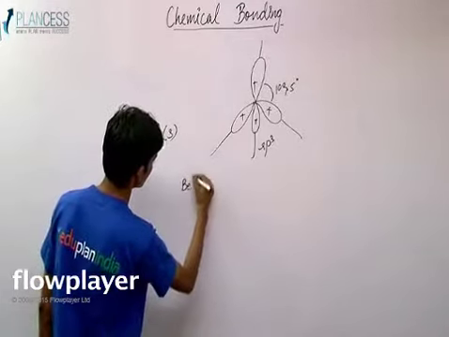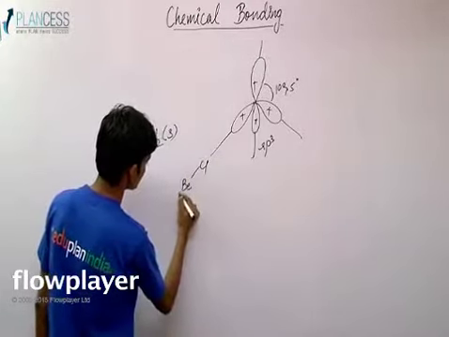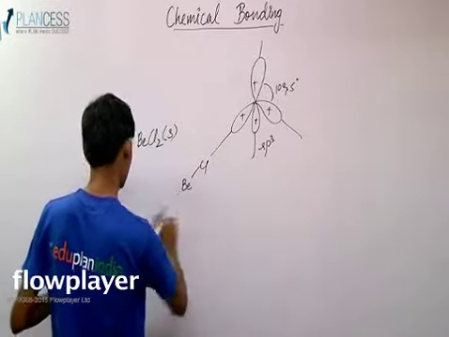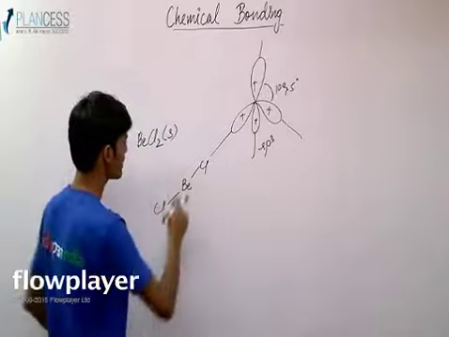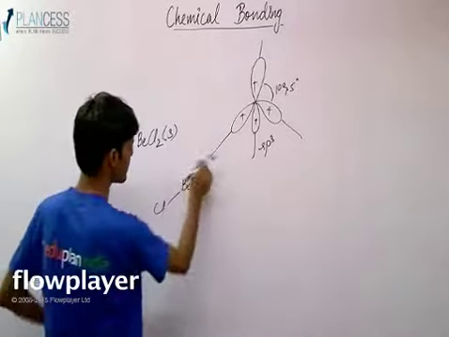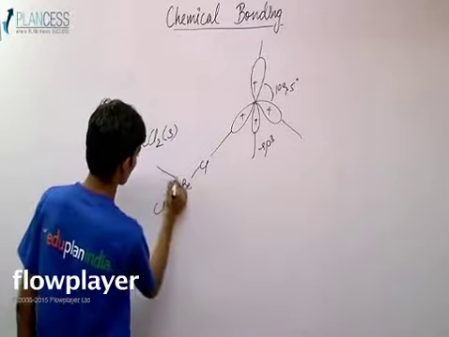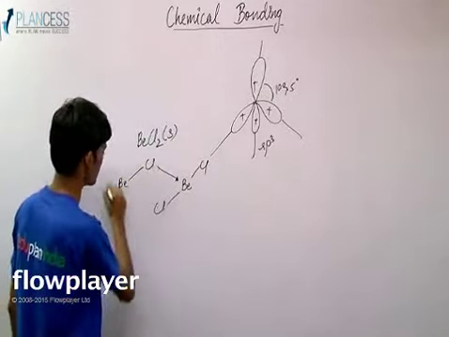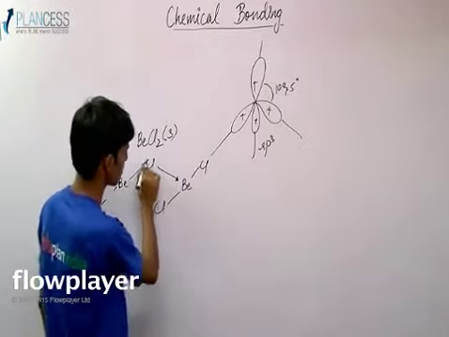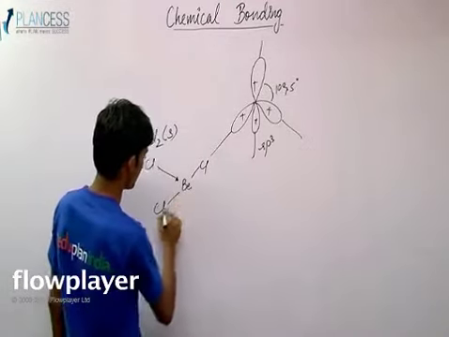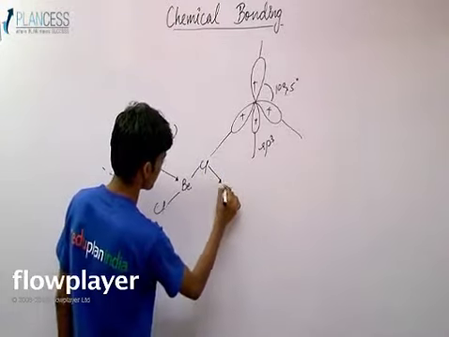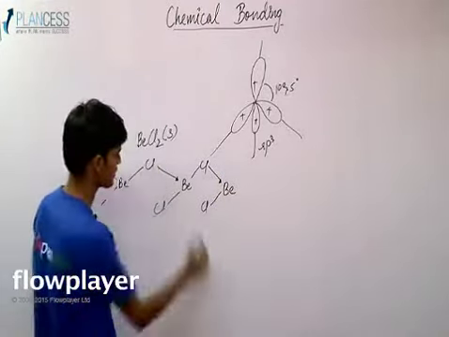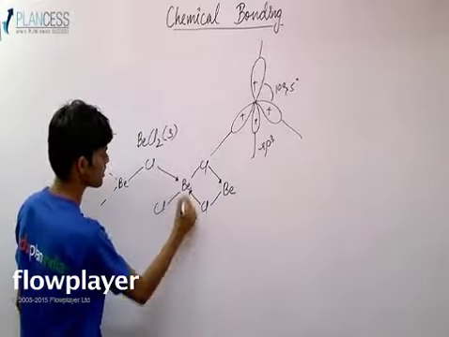This is Be, this is Cl, and this is Cl. It forms a lattice because Cl has a lone pair. Here comes the Cl belonging to a different beryllium atom, and the chain continues. This Cl donates its lone pair to another Be atom, and another Cl atom attached to this donates its lone pair to this beryllium atom.